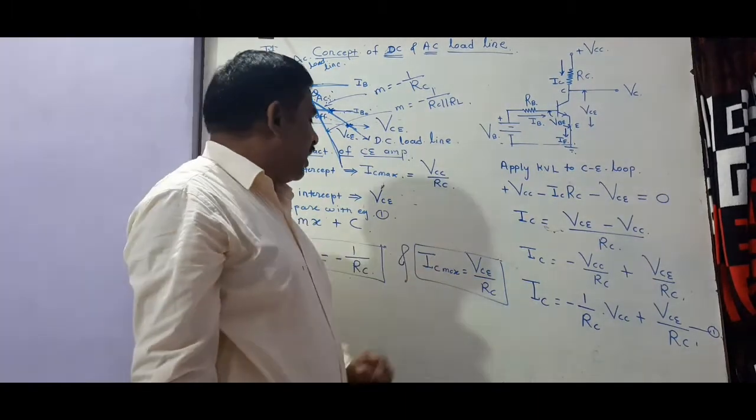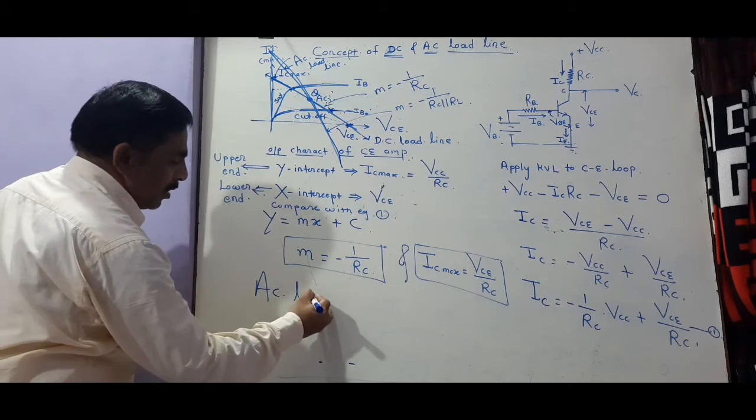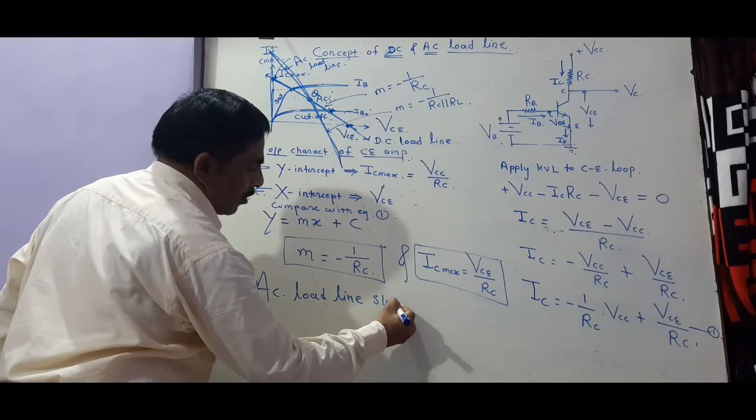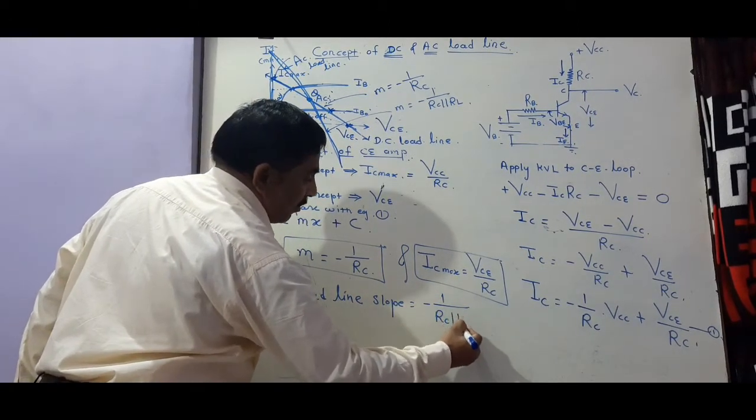Generally the AC load line has slope minus 1 upon RC parallel RL.